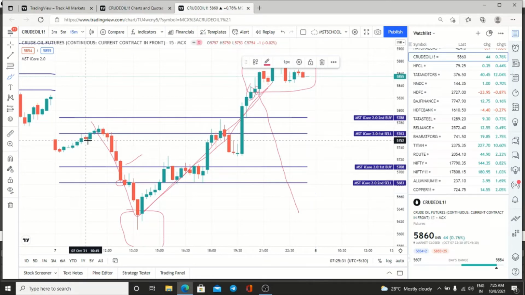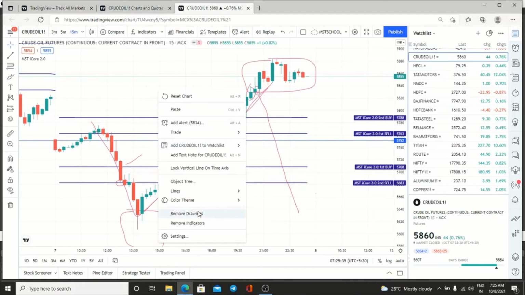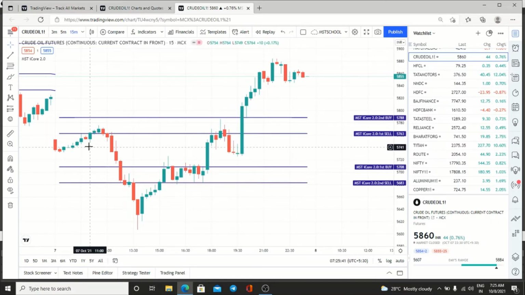If it is broken, see this line, once this is broken, immediately you get a very huge fall. But unfortunately yesterday the low of the candle was not broken initially, and the candles closed above the sell entry. So in such cases we can avoid the trade. We can avoid the sell entry.